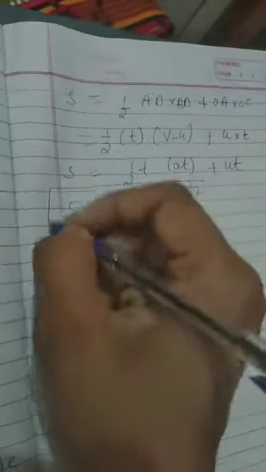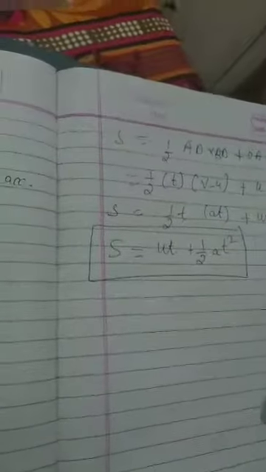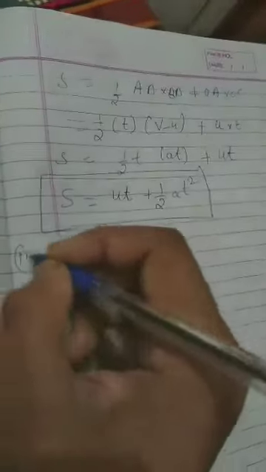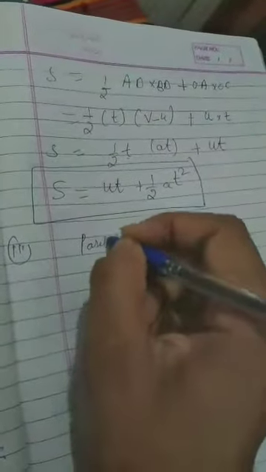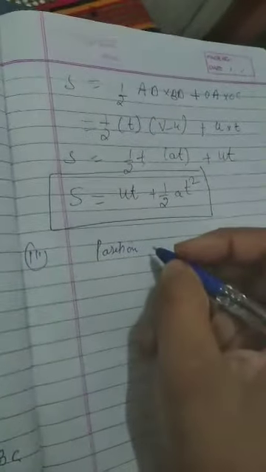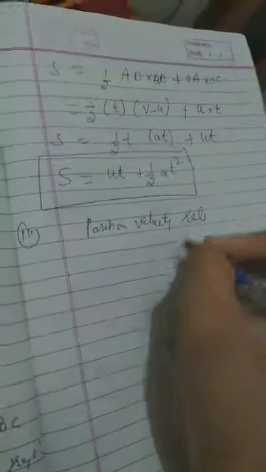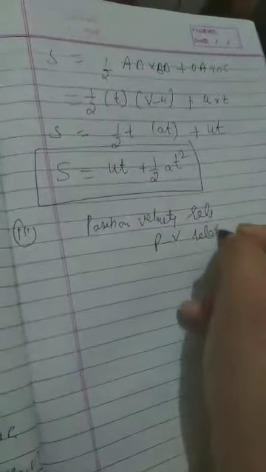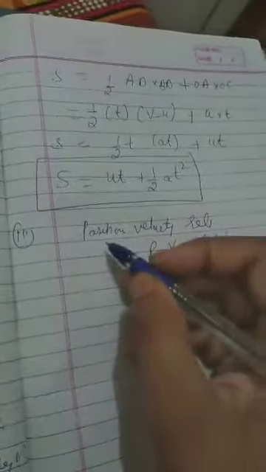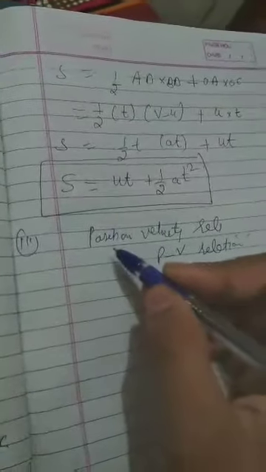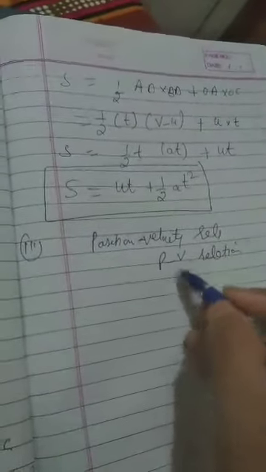So our second relation: s is equal to ut plus half at square. Then the third relation, the position velocity relation, or we can say PV relation, or displacement velocity relation. Clear?